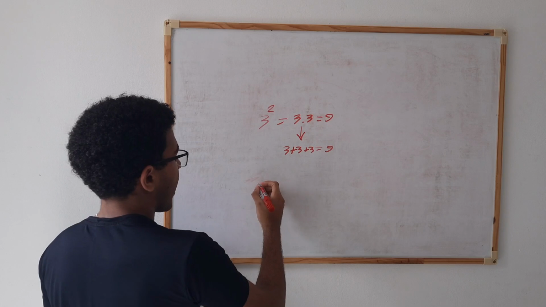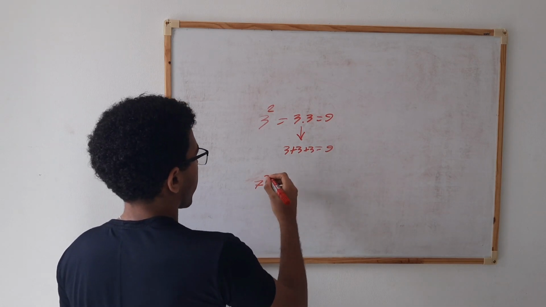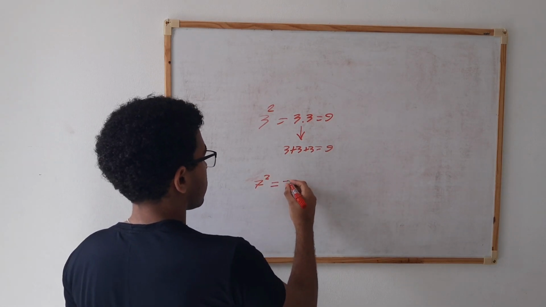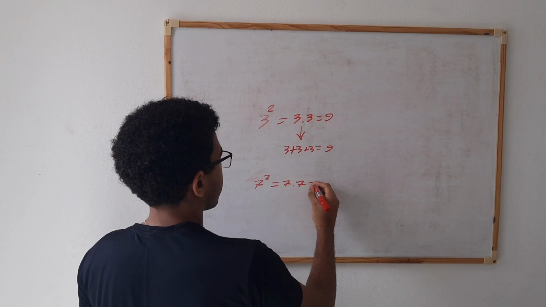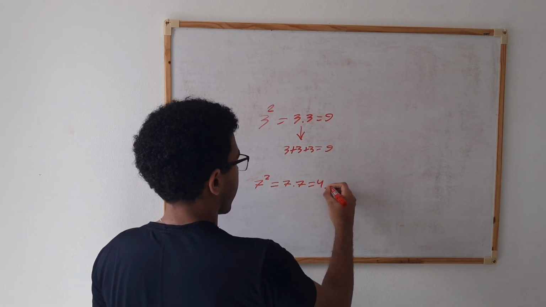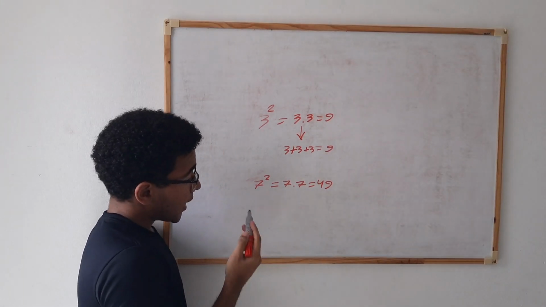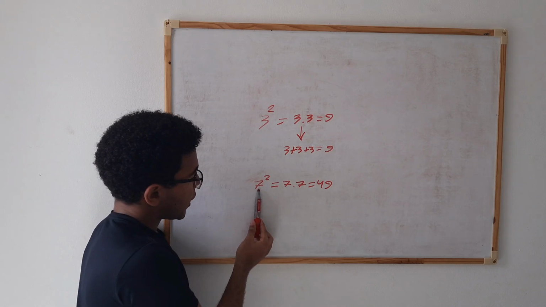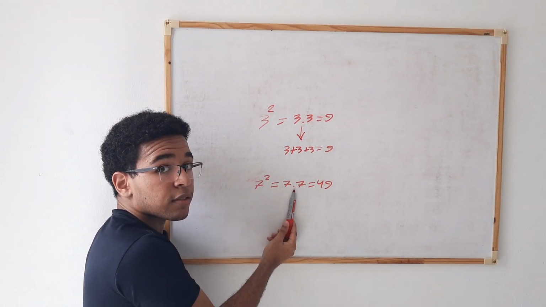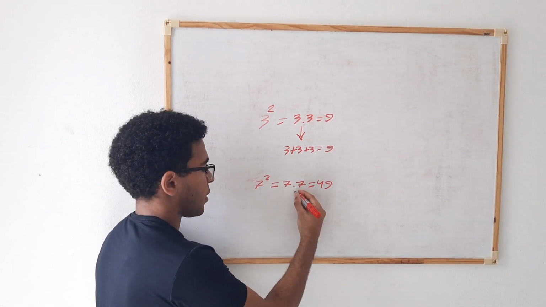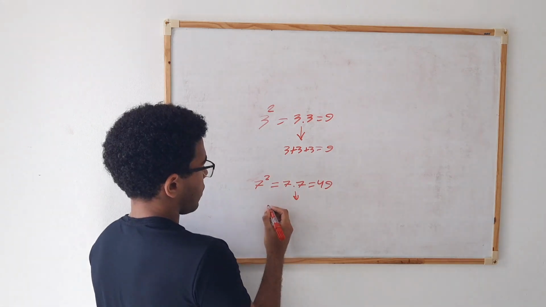Let's say I have 7 squared, okay, which is equal to 7 times 7, which is equal to 49, right? Again, this can be understood through multiplication, and multiplication can be understood through addition.